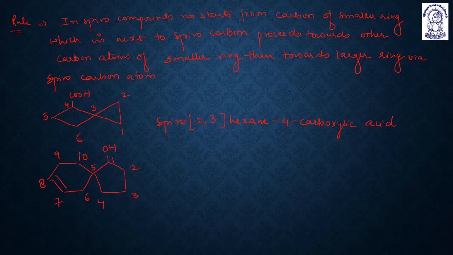Understood? So it will be spiro. We are having 1, 2, 1, 2, 3, 4, 1, 2, 3, 4, 5. So 4 comma 5. It is dec. 7 ene 1 ol.